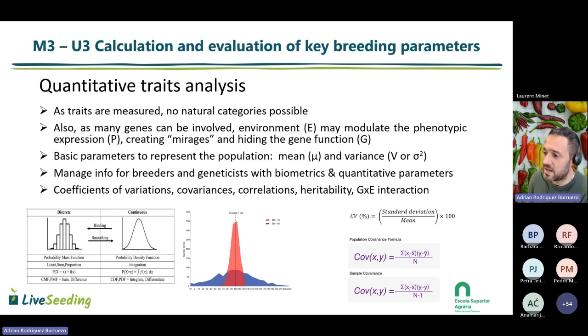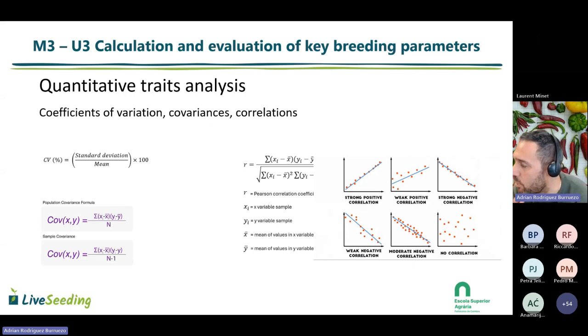Today, I will just mention a few: the coefficients of variation, covariances, correlations, heritability, and the study of the genotypic by environmental interaction. But there are many more. But as I told you, in this presentation we will be as simple as possible for you to put in context and understand properly the main aspects of quantitative trait analysis.